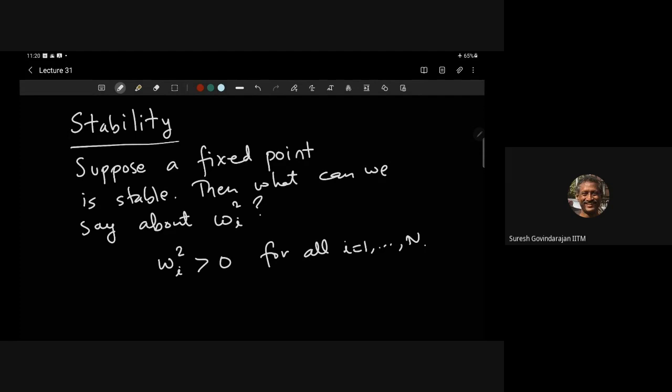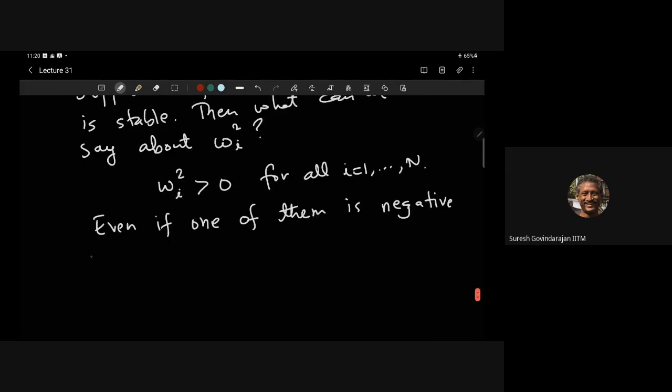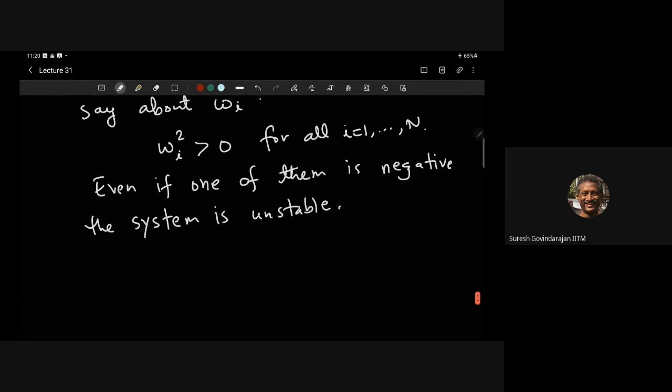Even if one of them is negative, the system is unstable in that direction. Okay. I want to just give a definition.